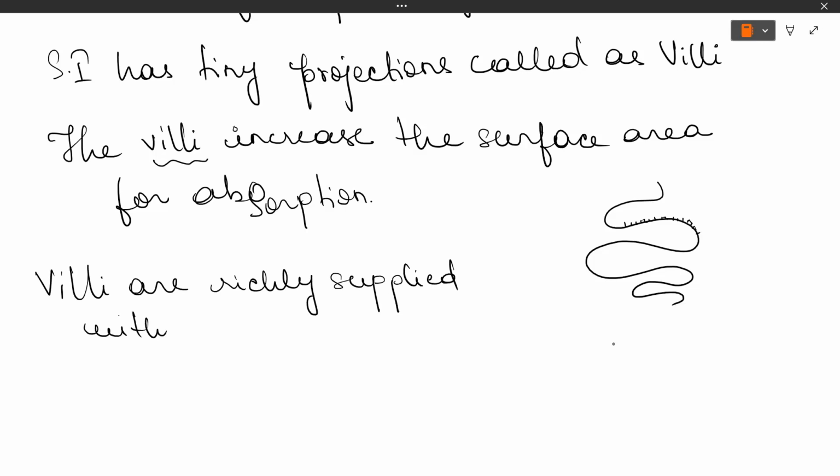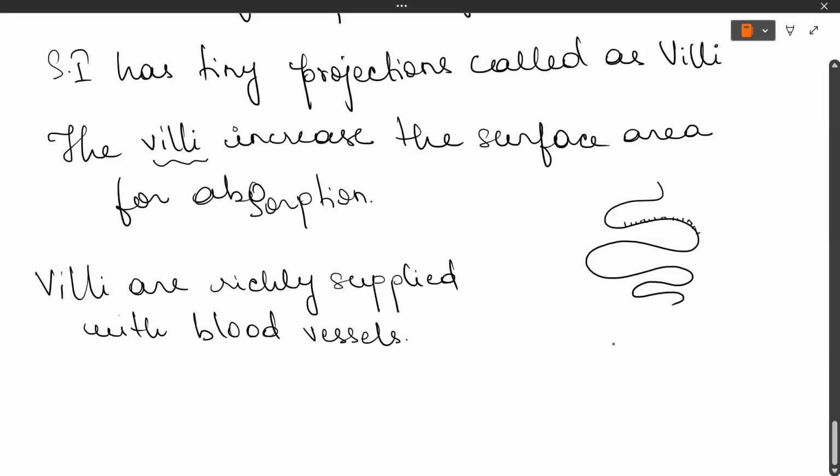The reason is that it is absorbing everything in the small intestine, and after absorbing, it directly gives it to the blood, meaning the cells present in the body. Blood is circulated everywhere, isn't it?